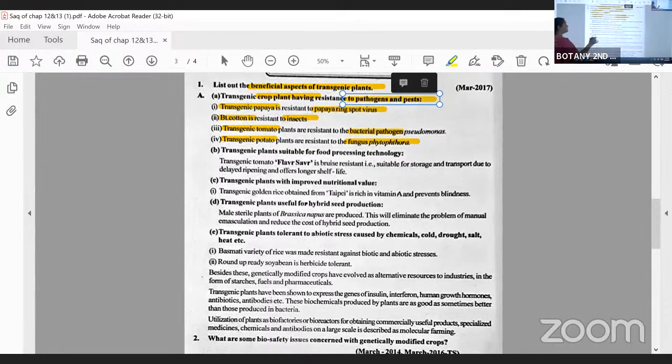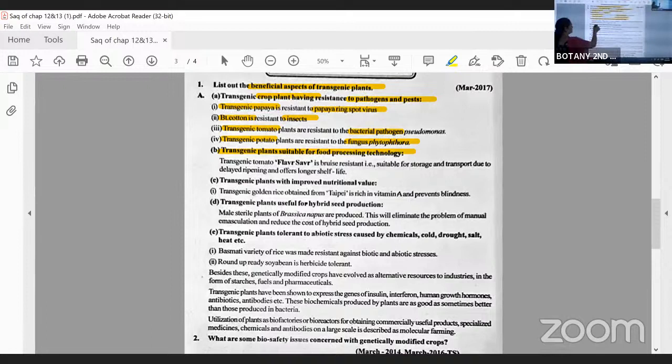Okay, and the next heading, these transgenic plants are suitable for the food processing technology. Food processing technology means where the food is going to be prepared industrially, where we will use these transgenic plants.